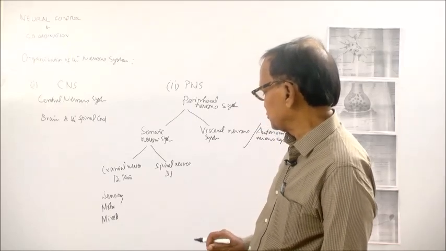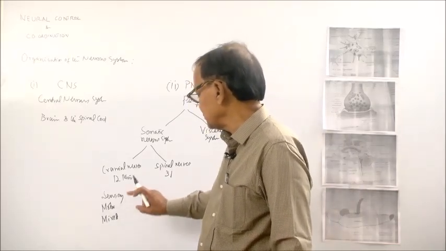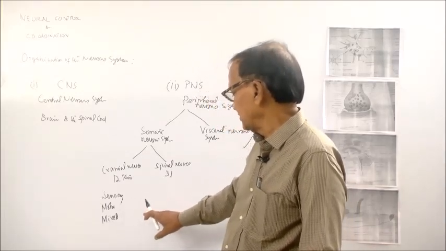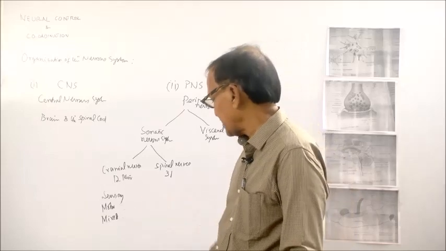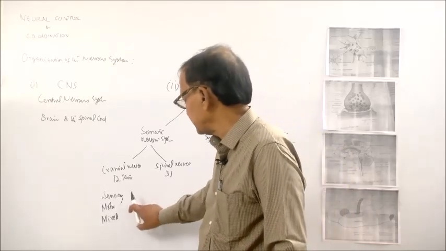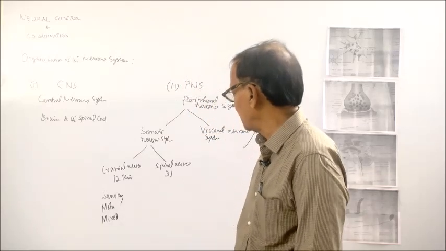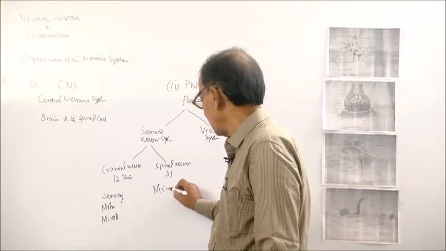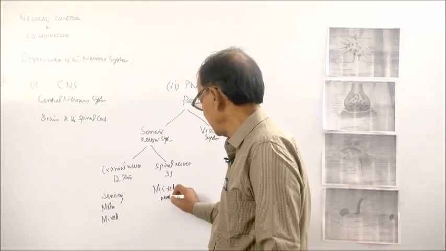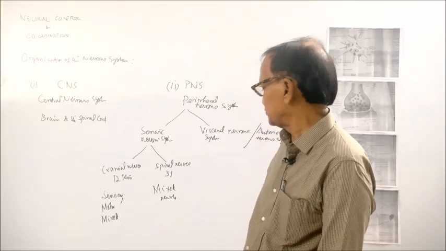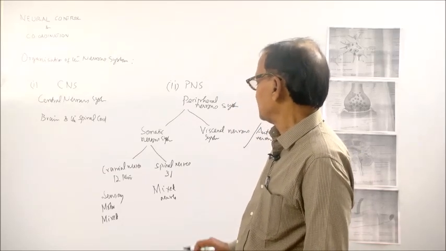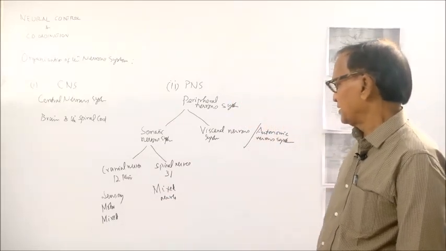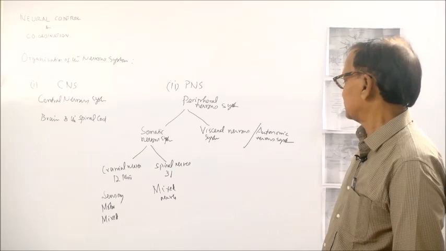Sensory because they arise from sense organs, motor because they penetrate muscles, controlling their contraction, and mixed means they are both sensory as well as motor. Whereas spinal nerves are almost all mixed nerves. So, 12 pairs of cranial nerves and 31 pairs of spinal nerves comprise the somatic nervous system.